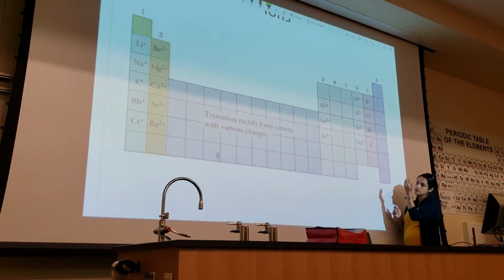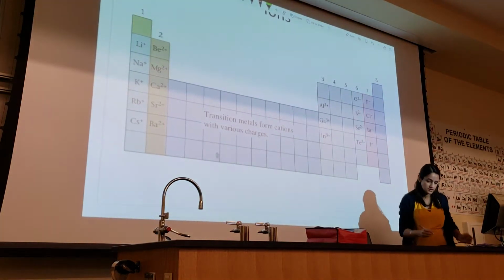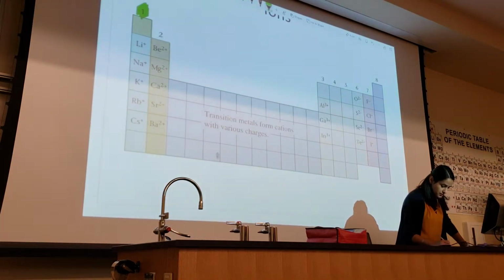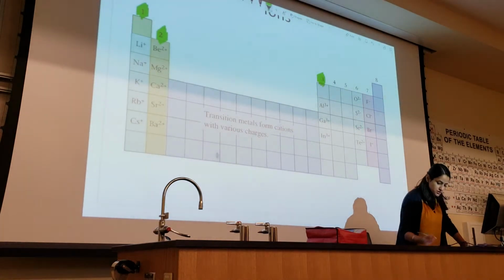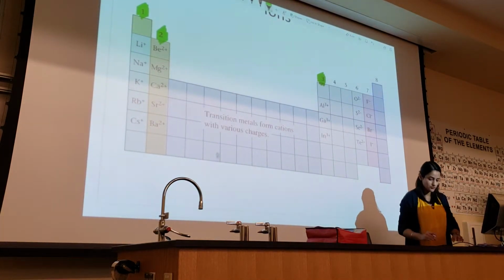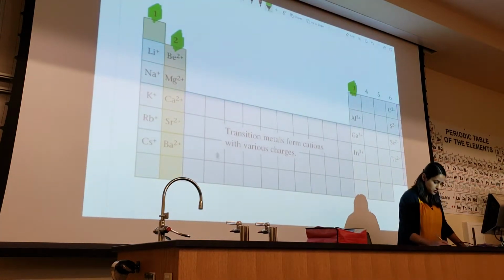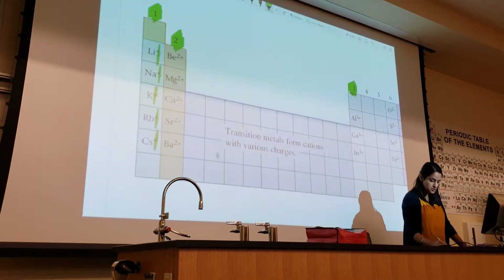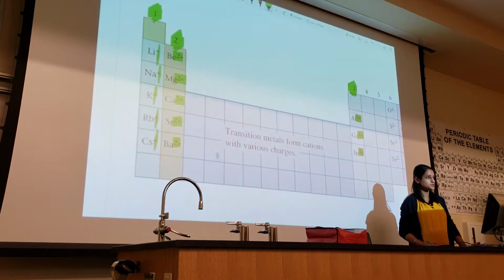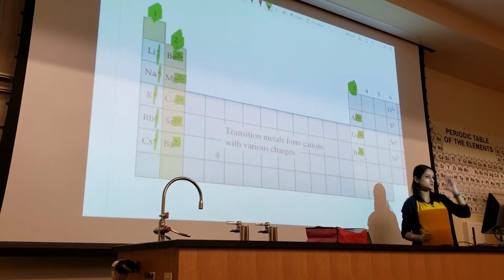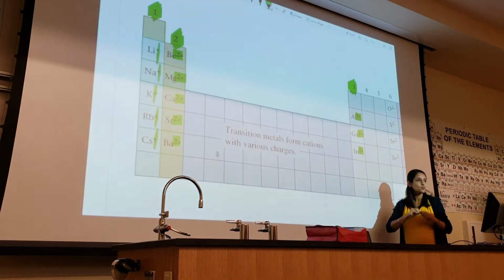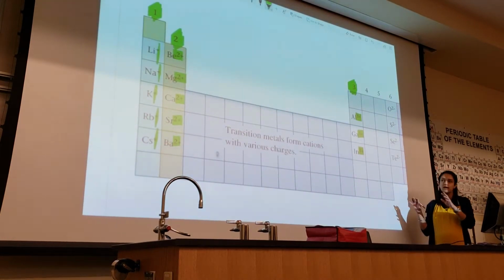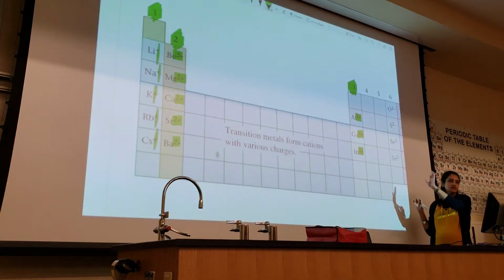Now the way to remember this is, if you look at the group number, it tells you what charge it likes to be. So if you look at group 1, notice all of these have a positive 1 charge. Group 2, all have a positive 2 charge. And then group 3, all have a positive 3 charge. So the group number tells you the charge. Now it doesn't matter what compound I look at, you will always see that same charge.